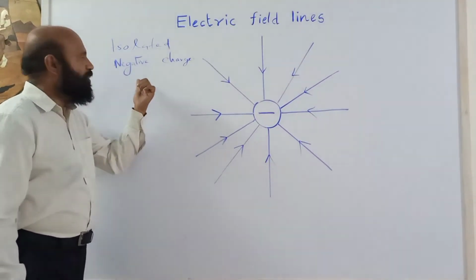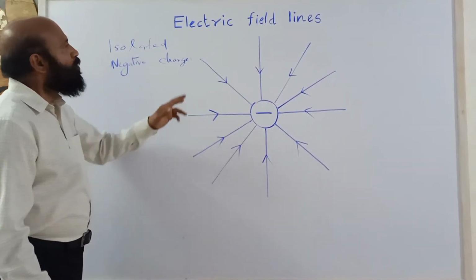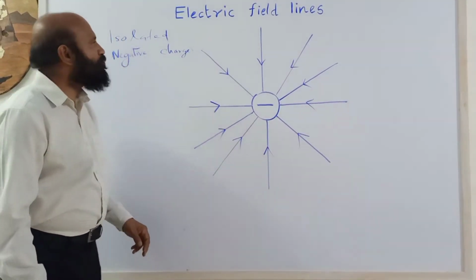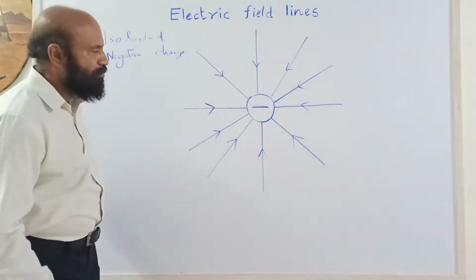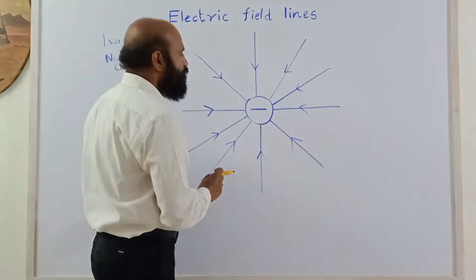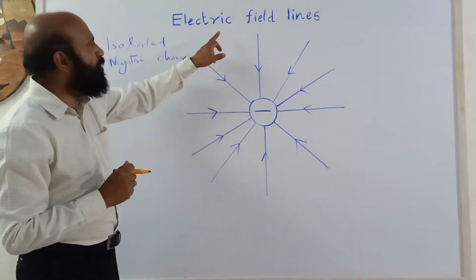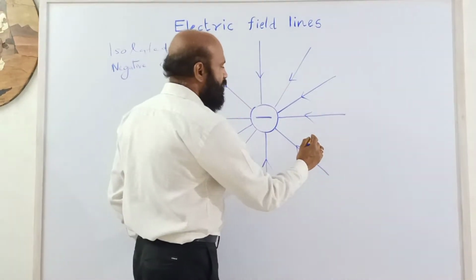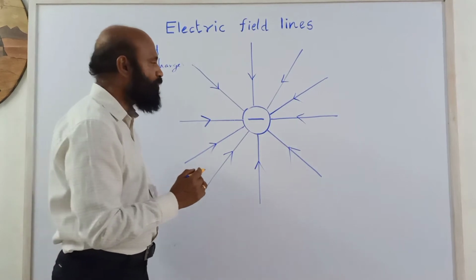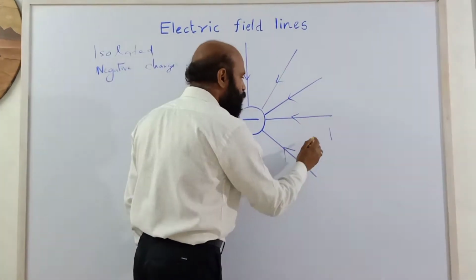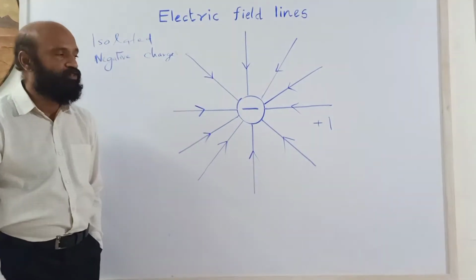Now we will see an isolated negative charge. Electric field lines near an isolated negative charge. For a negative charge, field lines are directed towards the charge. Electric field lines are defined as the lines or directions along which a unit positive charge will tend to move if it is free.